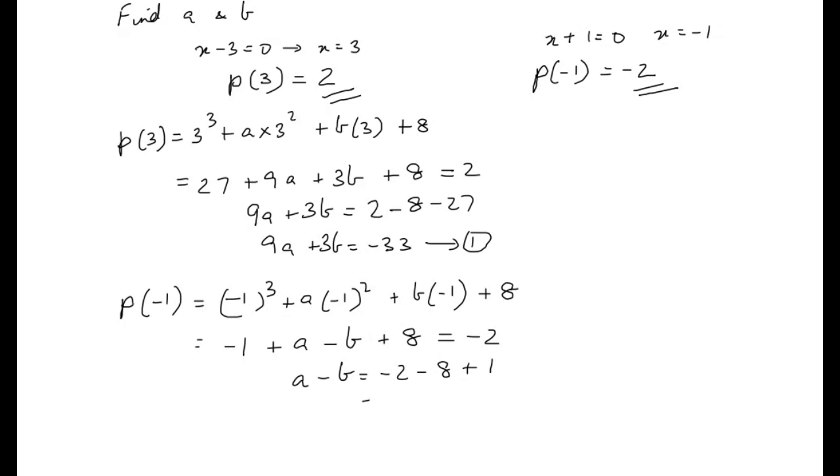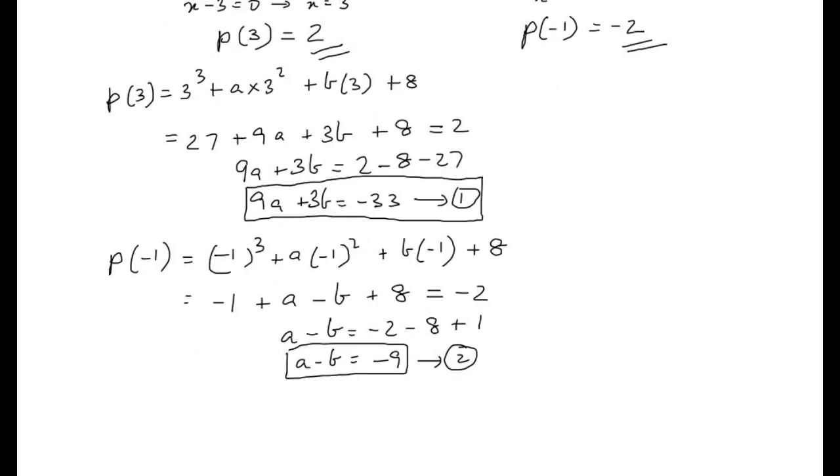So that's minus 10 plus 1, which is minus 9. That's the second equation. Now I'm going to just put the two equations into my calculator under the simultaneous equations function option, and I get A is equal to minus 5 and B is equal to 4.